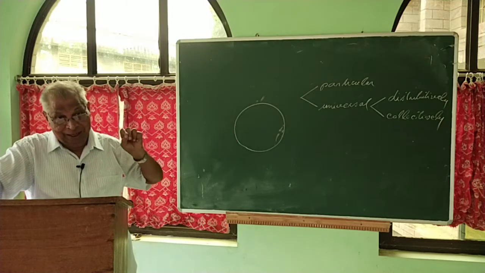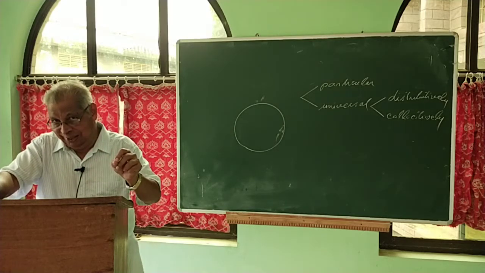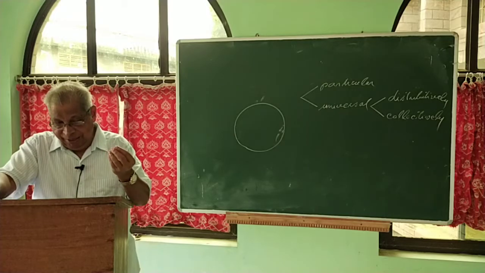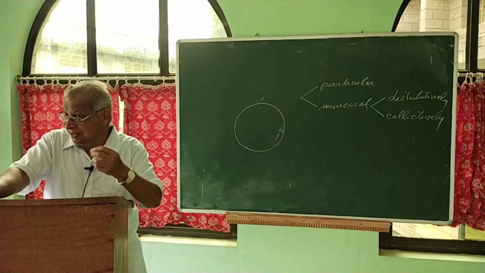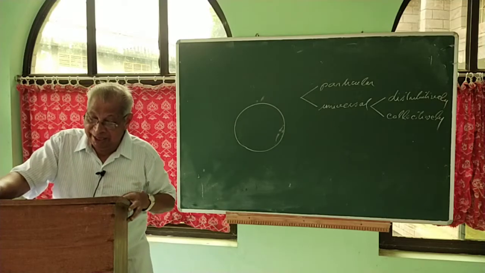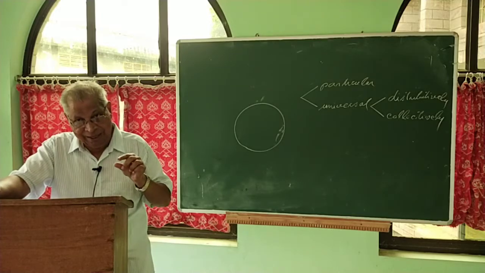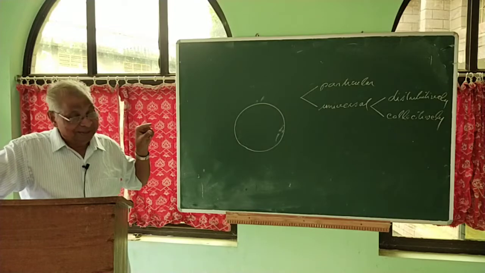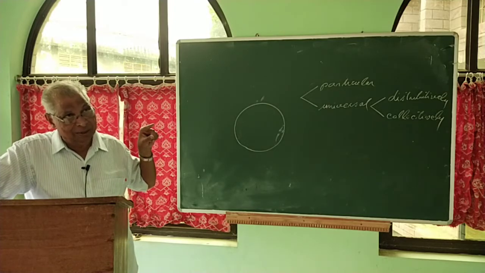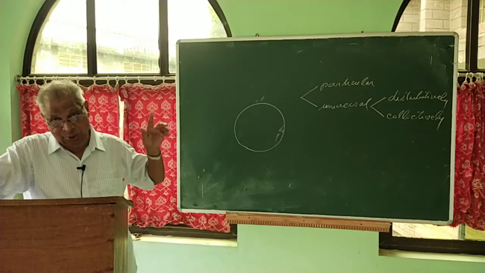Now we are making a subtle distinction. Logic, as we have already seen, is about making things clear, clarity and precision. So we are making it more precise by making a distinction among the universal terms. Some universal terms are distributively used, some are collectively used.